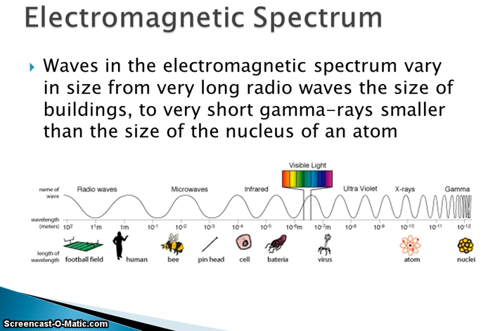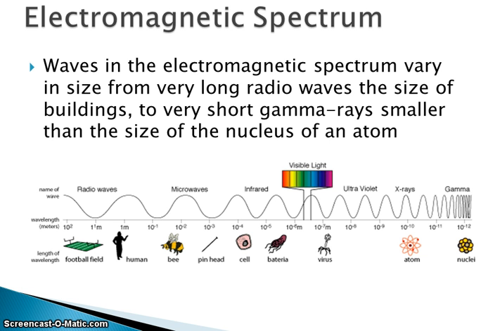So if we were to look over on our left-hand side of this table here, we're looking at very long radio waves. This is actually flipped from the graphic that we saw on the last slide. So when we look at long radio waves, 1 times 10 to the 2 meters, we're looking at radio waves which are about the length of a football field.